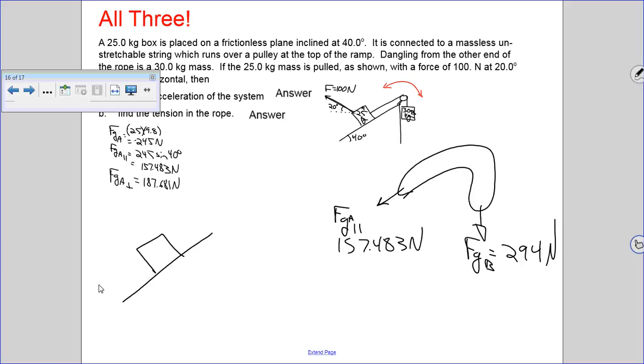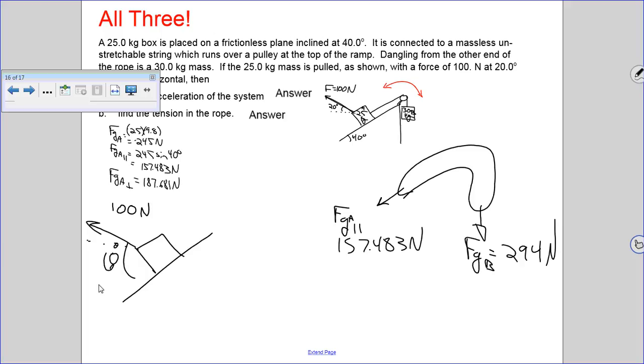We've got this force going this way at an angle, with a force of 100 newtons. This angle here is 20 degrees, and you have to add the 40. So that's 20 degrees off the horizontal, but this is 40 degrees off the horizontal, so this whole angle ends up being 60 degrees. Does that make sense?